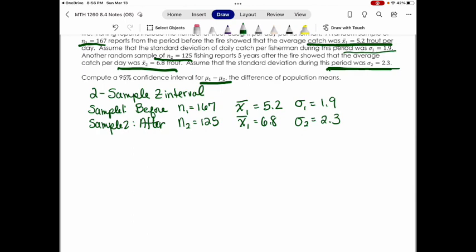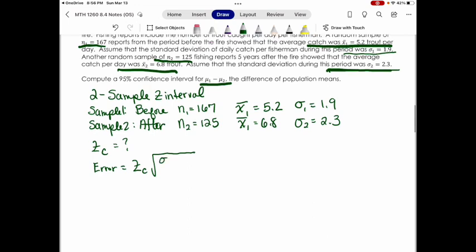So when we do this by hand, we need to find Z critical, and we also need to find the error. The error is going to be whatever we get for the Z critical times the square root of the population standard deviation squared over the sample size squared for each of the samples, and we add them together.